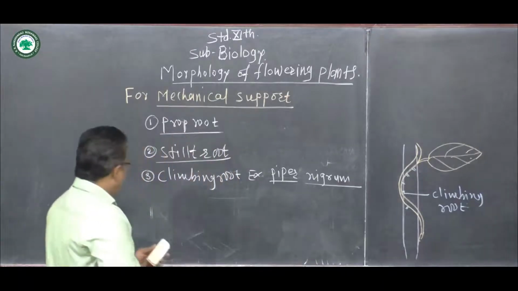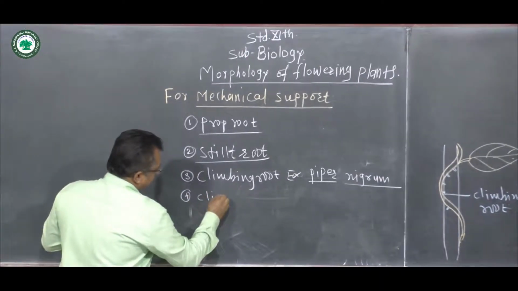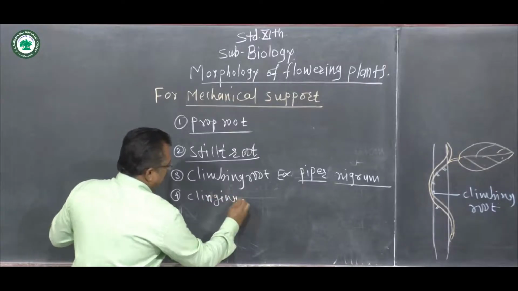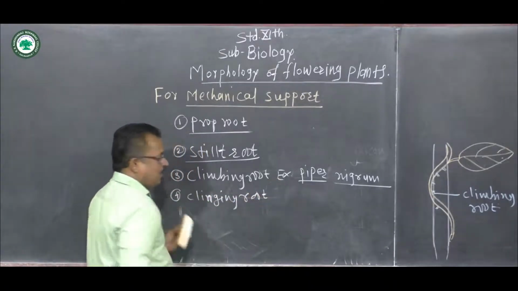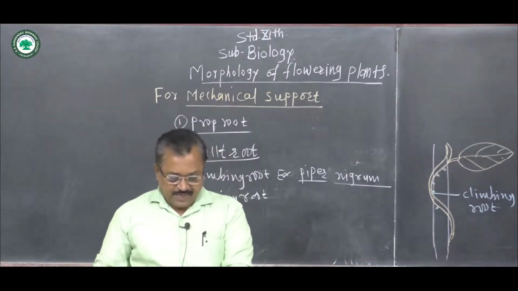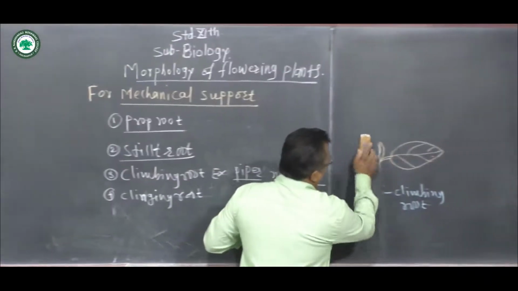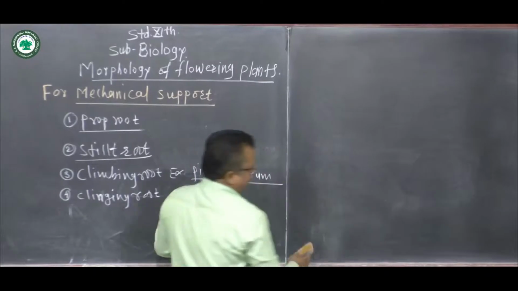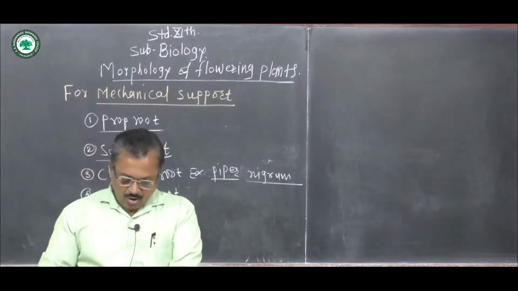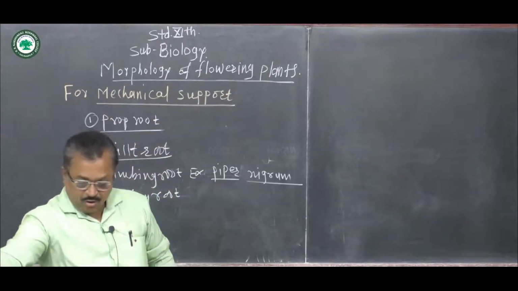Then another type of root, the clinging root. Clinging roots are tiny roots that develop along the internodes of the plant. For example, ivy or Hedera helix.